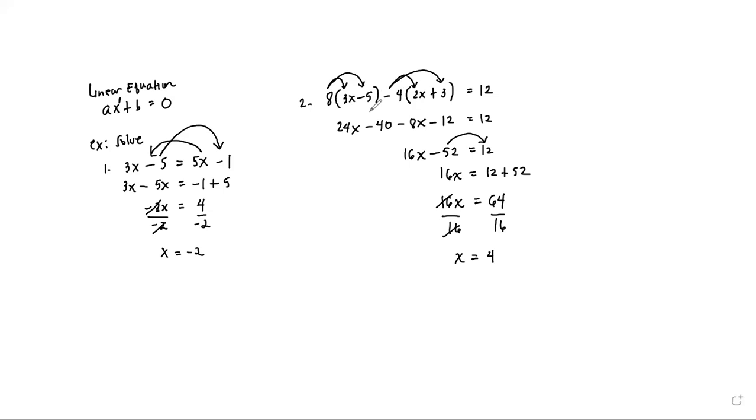Next, let's have another example. Number 3. So suppose that we have 3x minus 5 over 15 minus x plus 9 over 20 is equal to 5 minus 3x over 12.